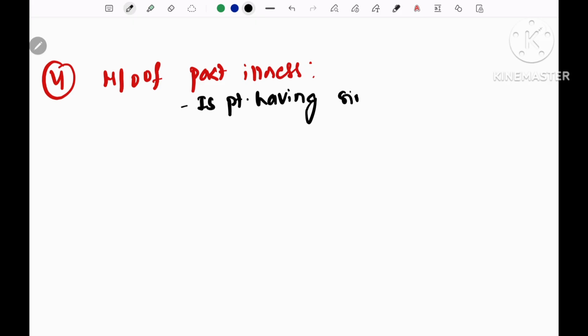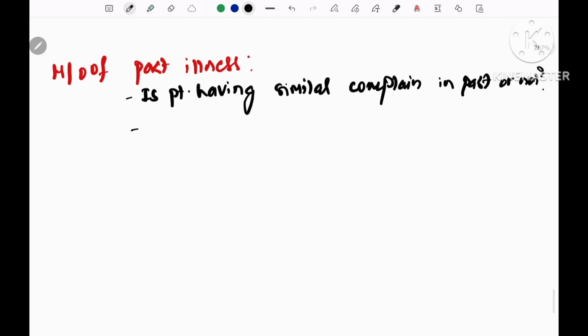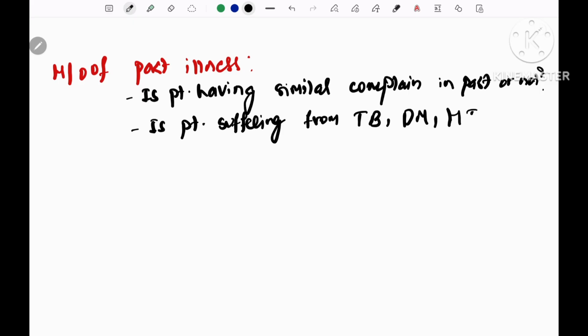The second question is: is the patient suffering from tuberculosis, diabetes mellitus and hypertension?